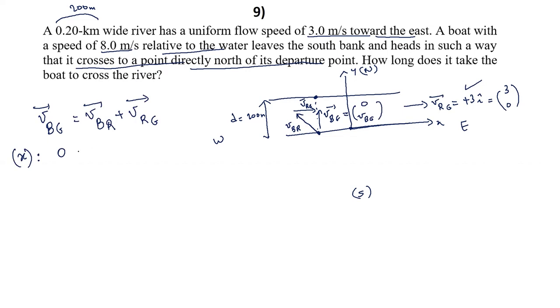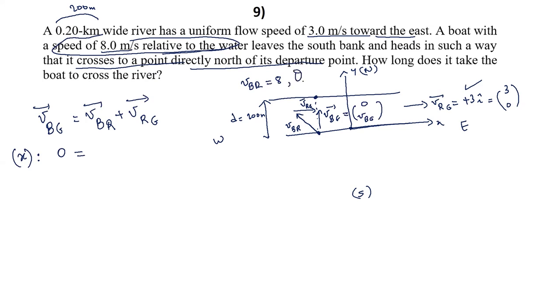Okay. So 0, what is VBRX? Boat river along x. Now I know the magnitude of V boat with respect to the river. This is a speed of 8 relative to the water. Okay, so this is 8. I know the magnitude, but I don't know the angle.